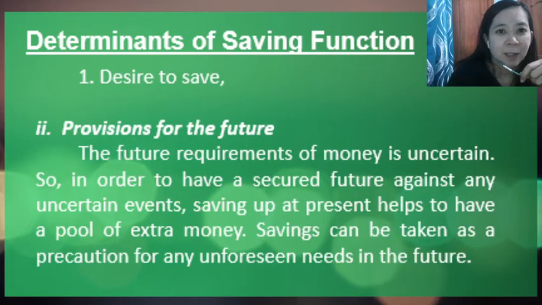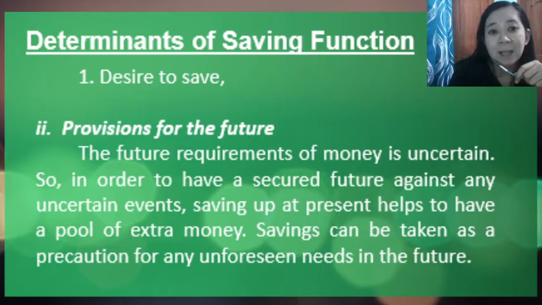The second factor is the provisions for the future. The future requirements of money are uncertain. Of course, when talking about the future, there are risks and uncertainties. Therefore, in order for us to have a secured future against any uncertain events in terms of the financial aspect, we tend to save at present.